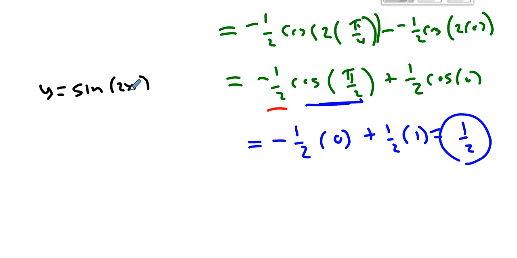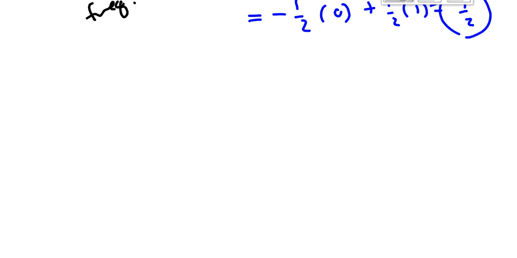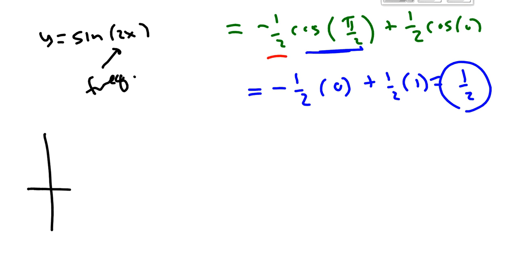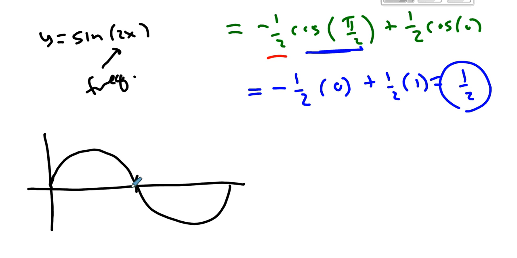So if you remember correctly what sine of 2x does, this means that your frequency, this is sometimes called the frequency of the trig function, which means we'd have two complete sine curves from 0 to 2 pi. So on the graph, what ends up happening is the graph gets squished horizontally a little bit. So normal sine might do this, and this is pi, and this is pi over 2.